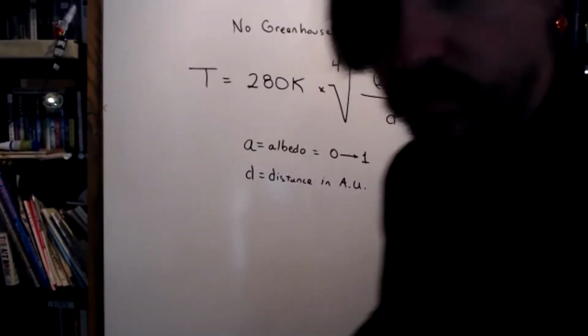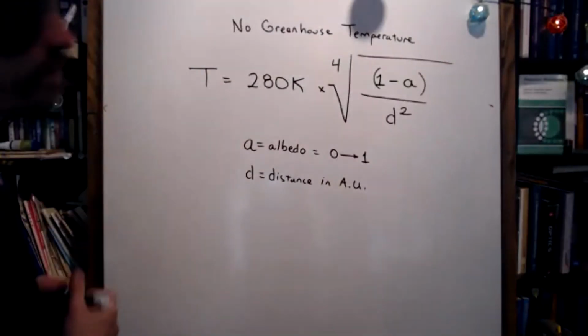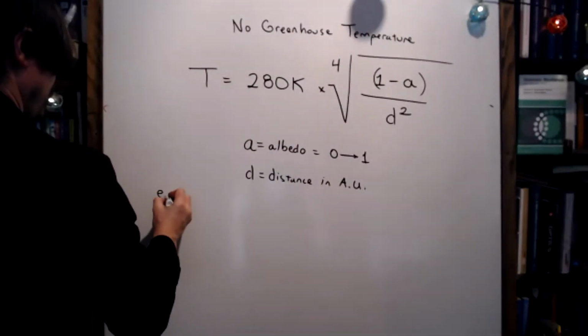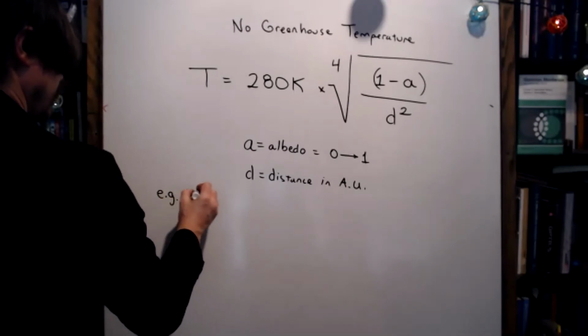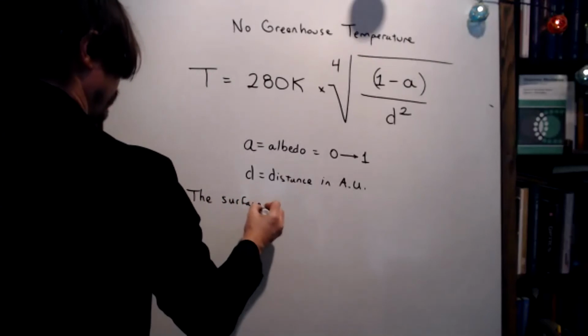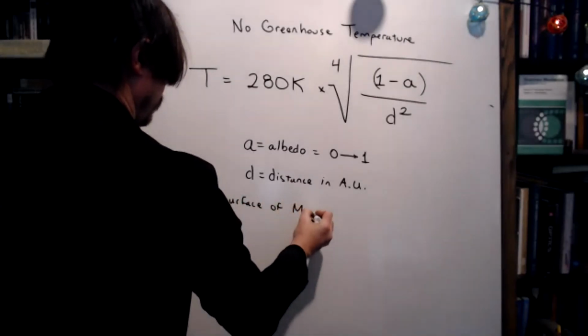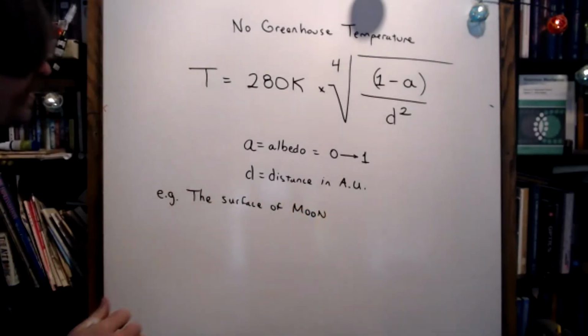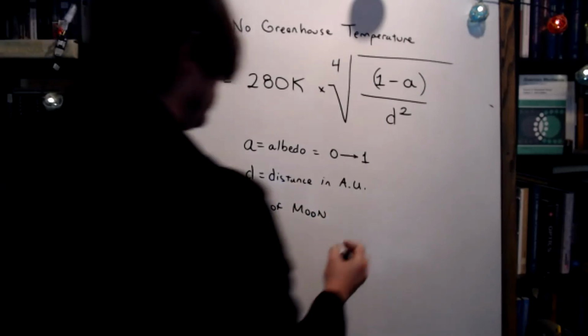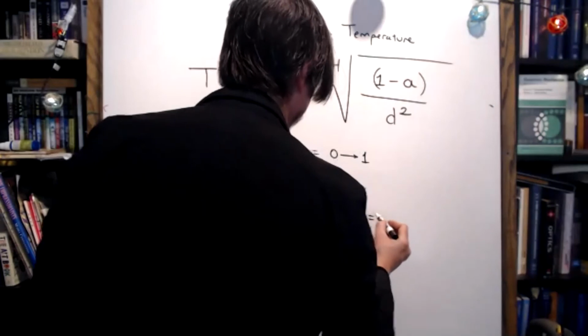Let's try a quick example with this, and then I'll put you guys out of your misery here. For example, let's consider the surface of the moon. Can you guys give me some representative values for A and D? What's the albedo of the surface of the moon?